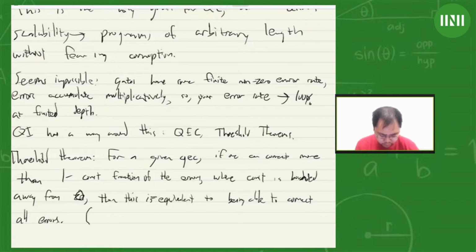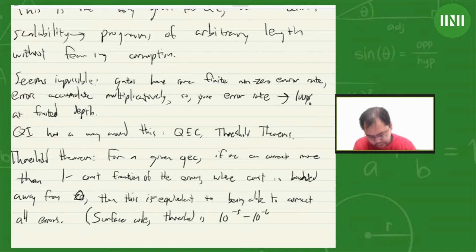So to give you just a sense for the surface code, which is the state-of-the-art topological quantum error correcting code that people use on near-term quantum computers and which I think is the leading contender going forward, this threshold is about 10 to the minus 5 to 10 to the minus 6, which is not bad.